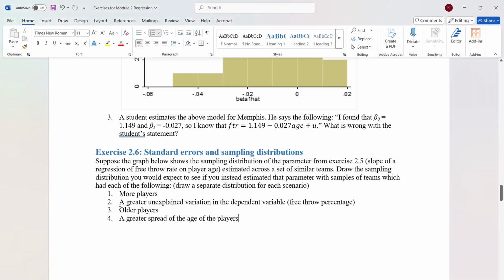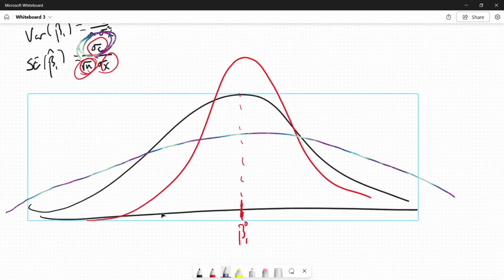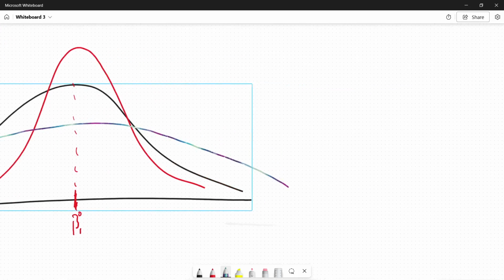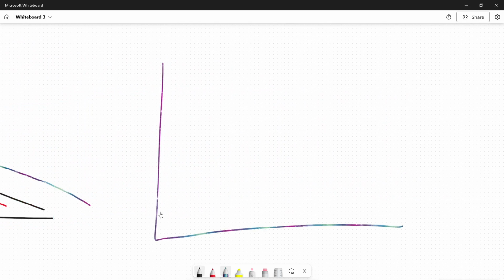Next one, older players. This is interesting. This is a bit of a troll, actually. It depends on the relationship here. If I just have older players, here's my scatter plot. Suppose that there's a line.